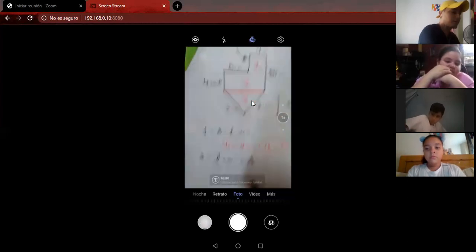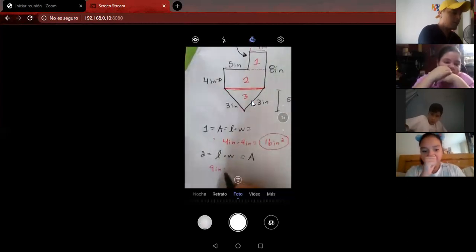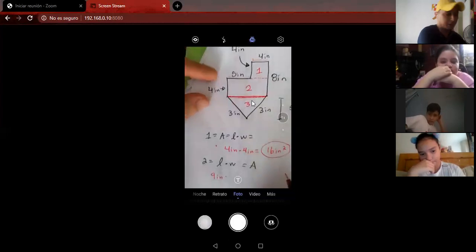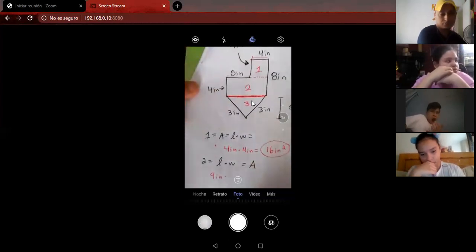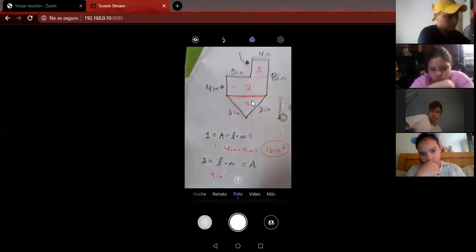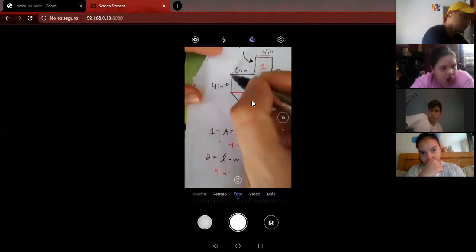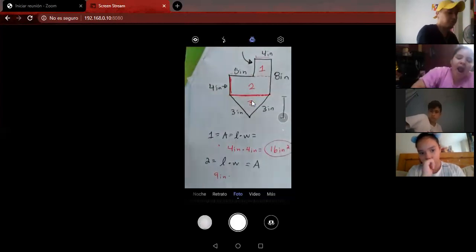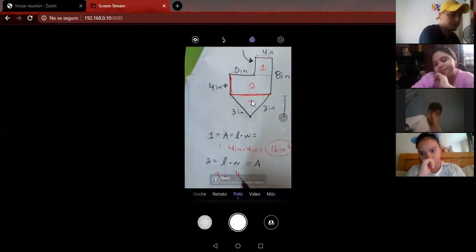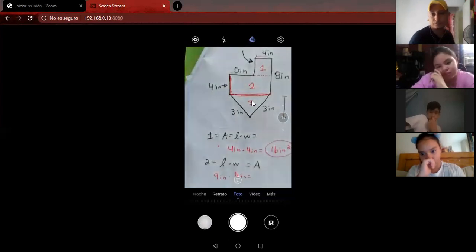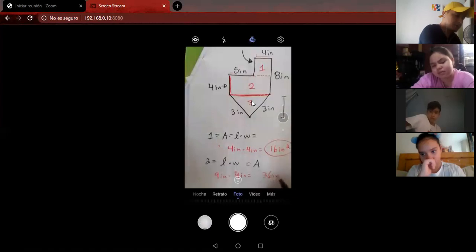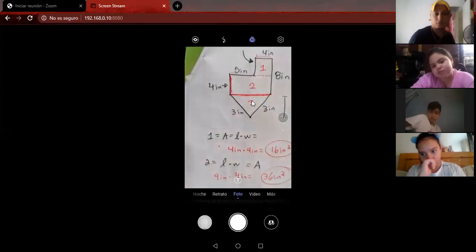So it's 9 inches. ¿Cuánto es mi ancho de mi rectángulo acá, de este? How much is my width of this rectangle? 4. How much is 9 times 4? 36. 36 inches square. I found my second one.